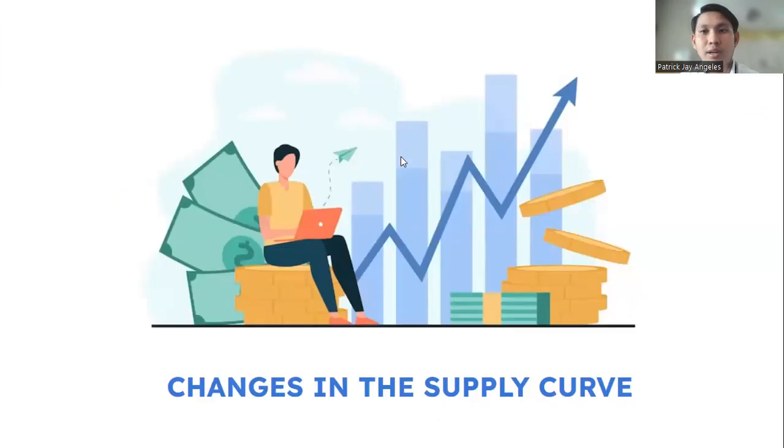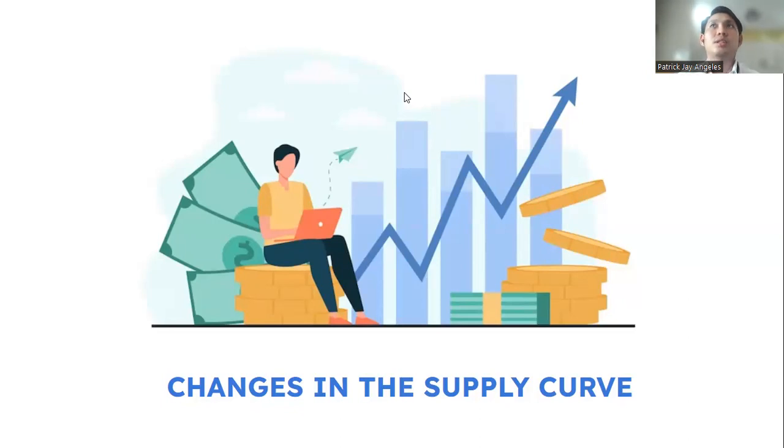In this particular discussion, we are going to talk about the changes in the supply curve, and how it basically changes from one point to another point. Those are the things we are going to talk about in this video lecture.